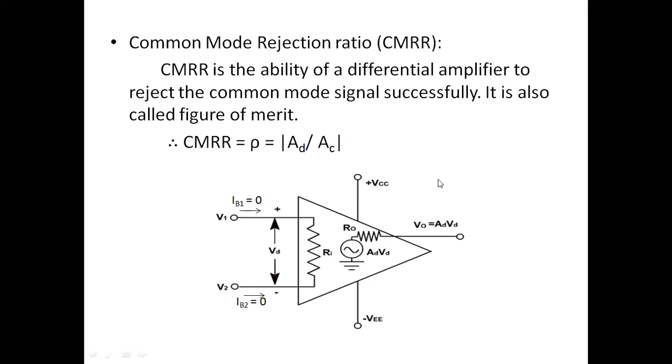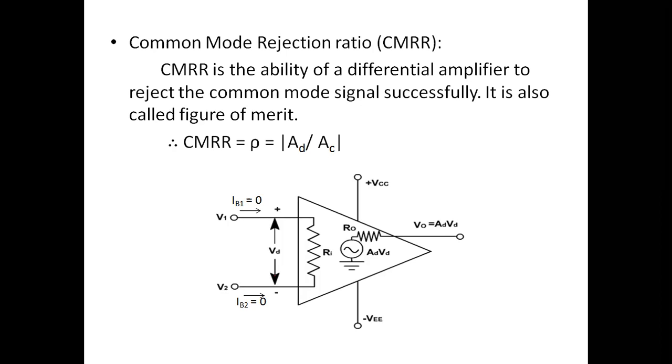So here the common mode rejection ratio is defined as the ability of a differential amplifier to reject the common mode signal. Mathematically, it can be calculated as the ratio of differential gain with respect to the common mode gain. So how will you calculate the differential gain? VO upon V1 minus V2. And what about AC?